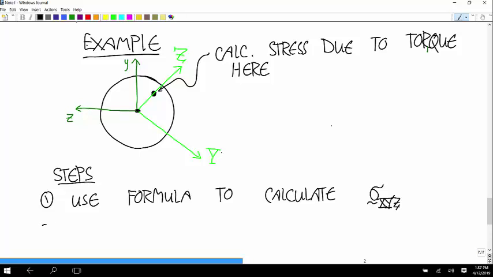And then second, the stress tensor that we want is going to be Q times the stress XYZ, capital XYZ, I mean, times Q transpose.